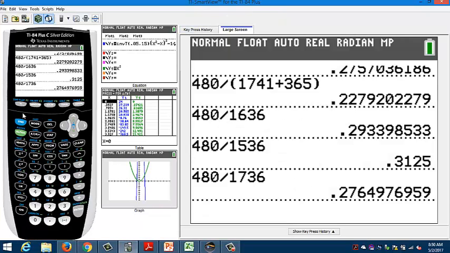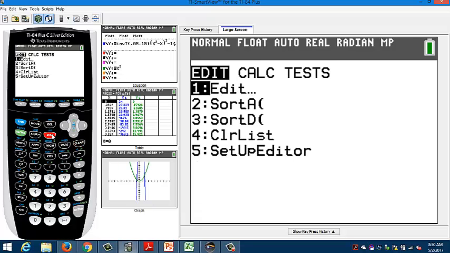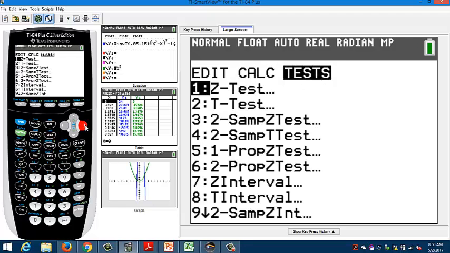I go to second distribution. Oh, no. Actually, you don't need the second button. Sorry about that. Second quit. You just go to stat. So let's clear out some stuff here. Hit the stat button. All the way over to tests. You guys are getting better than I am.